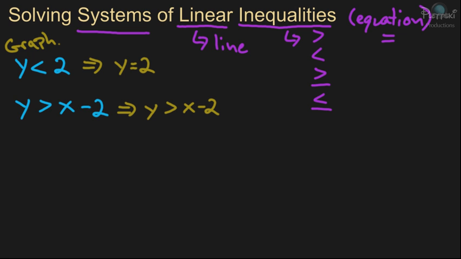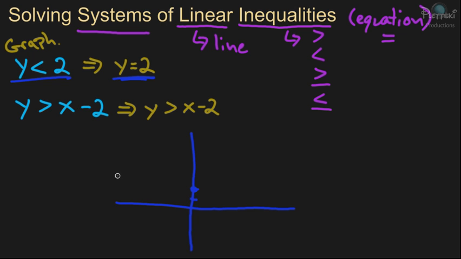So to graph those lines, first we'll need our x and y axis. And let's take a look at this. Y is less than 2. Well, we're going to graph this one, y equals 2. Well, where does y equal 2? Well, y equals 2 at any point.